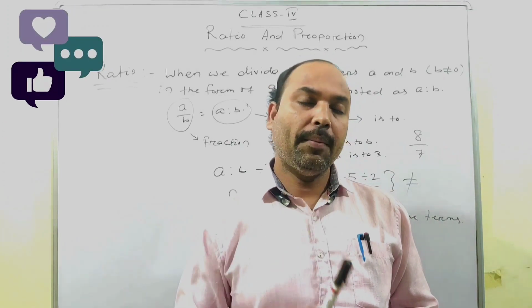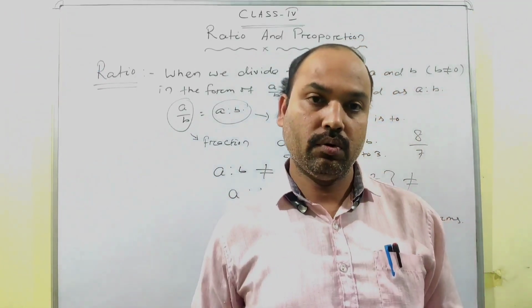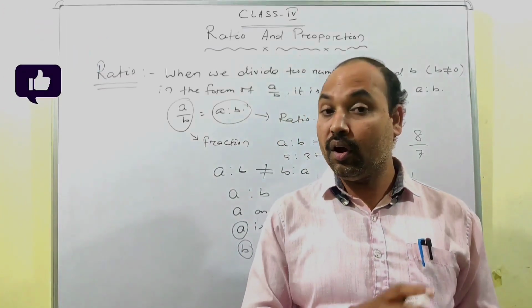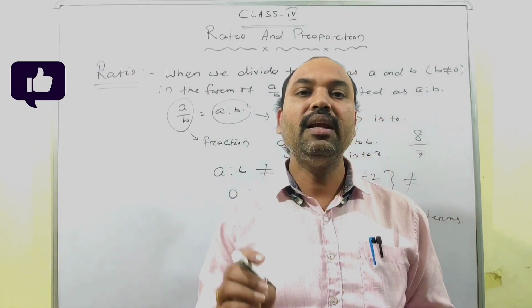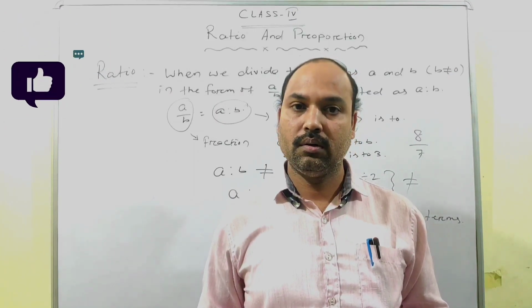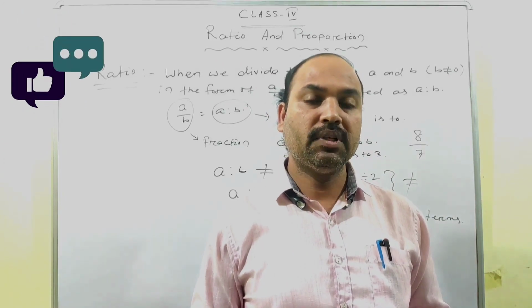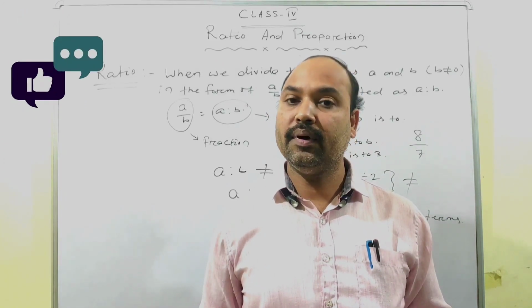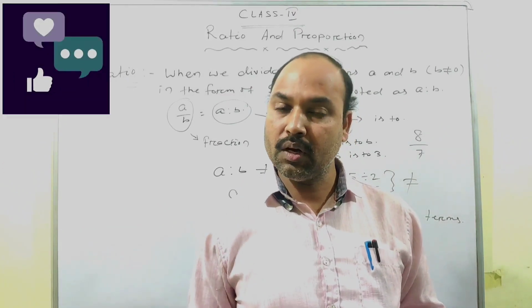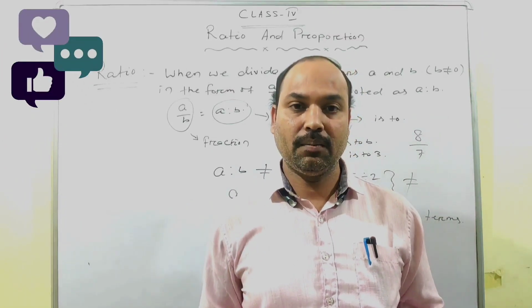So we have to remember one thing here: when we write any number in a ratio, we will not write any unit there, because a ratio is a number, so it does not require any type of unit.